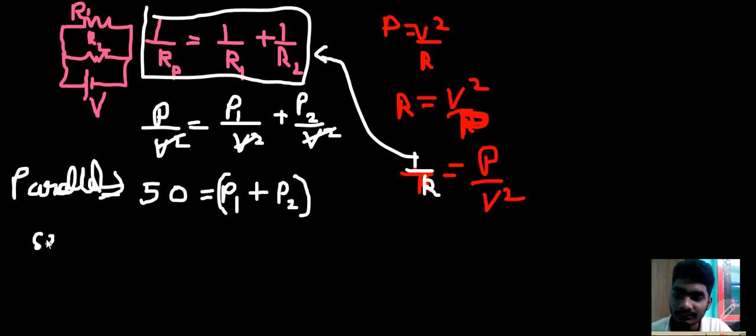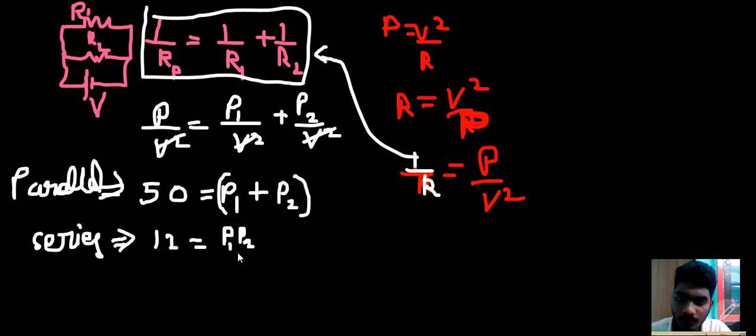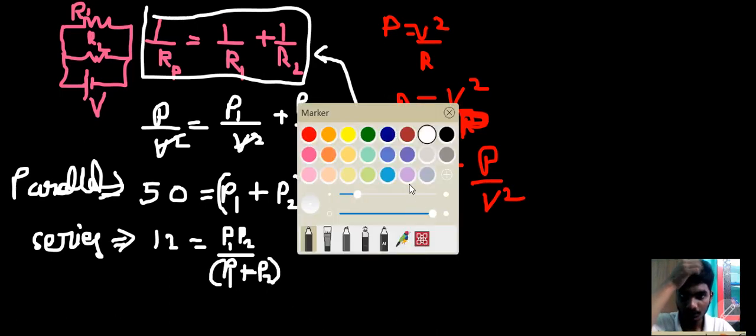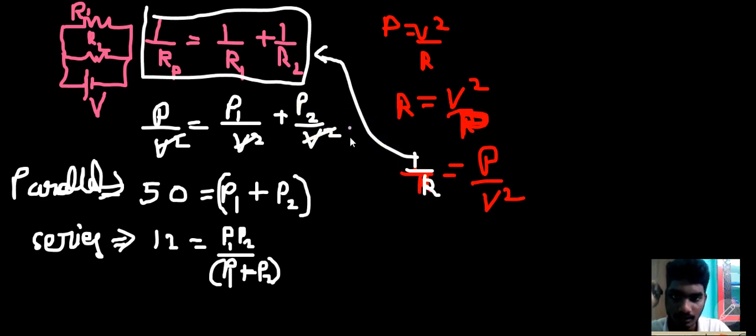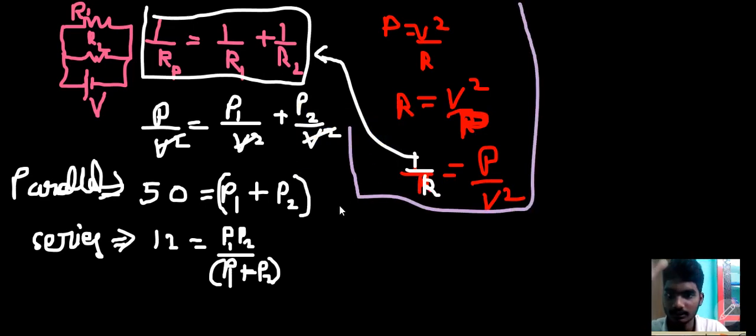For series we took the equation, that is 12 watts is equal to P1 P2 by P1 plus P2. What can we do with both equations? I'm just splitting this away.